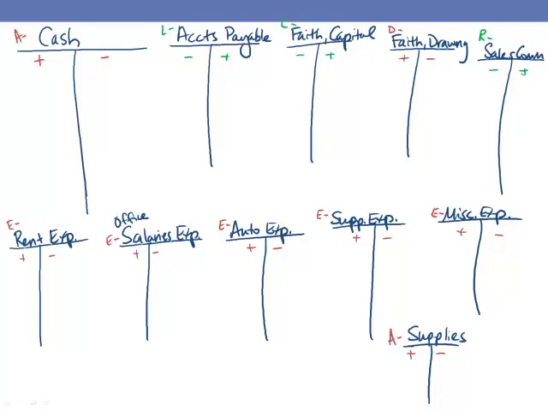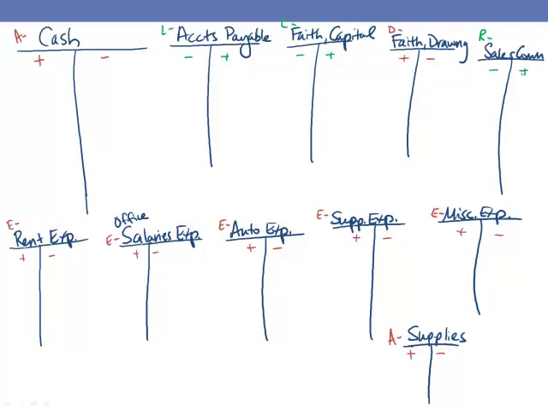Okay? The reason that double entry accounting works is because everything on the left side of the equation are resources or things that are used by the business, assets, expenses. Everything on the right side of the equation are the way that you get those.